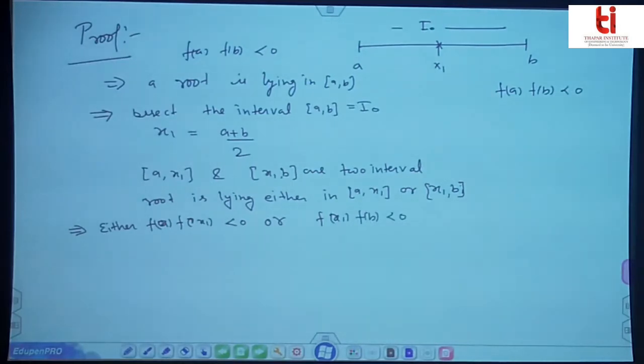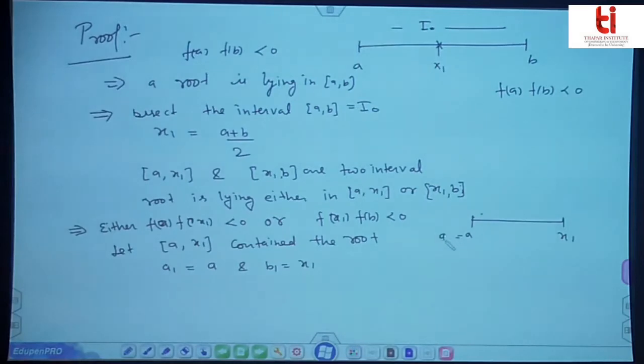Any one of the conditions will hold. Let [a,x1] contain the root. That means the root is on the left side of x1. So taking a1 equal to a and b1 equal to x1, we form a new interval [a1,b1].